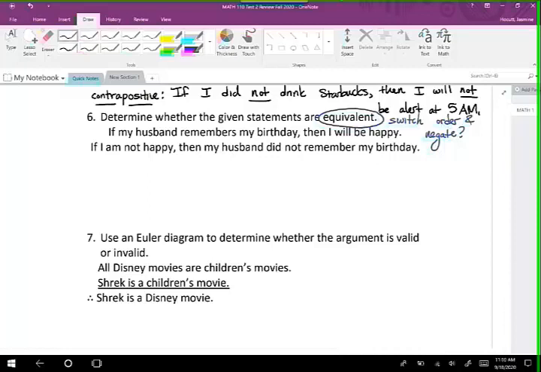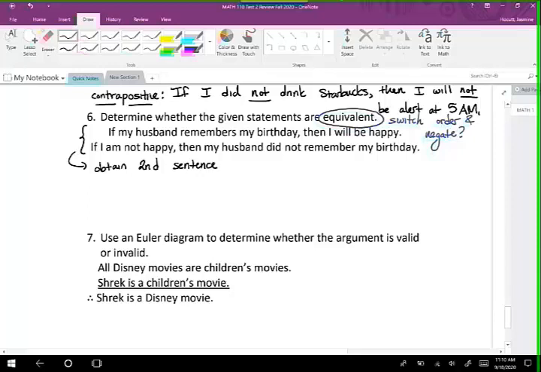So we've got, if my husband remembers my birthday, then I will be happy. And then we have, if I'm not happy, then my husband did not remember my birthday. So if we look at these two sentences and compare them, notice that in order to obtain the second sentence, we switch the order.